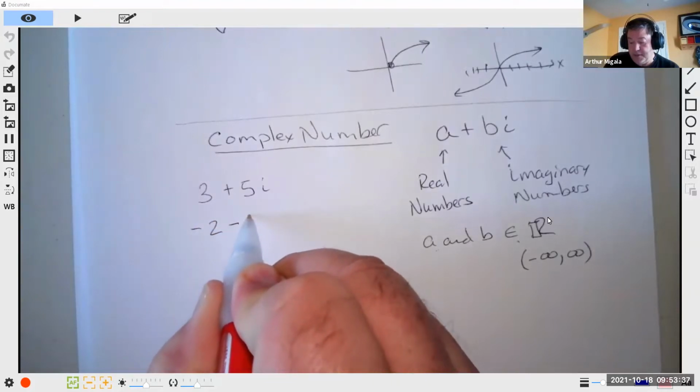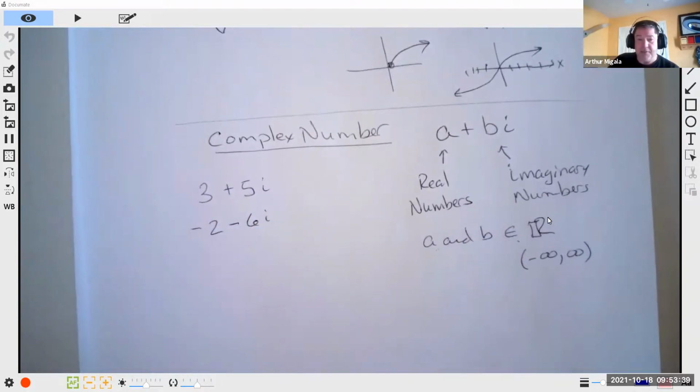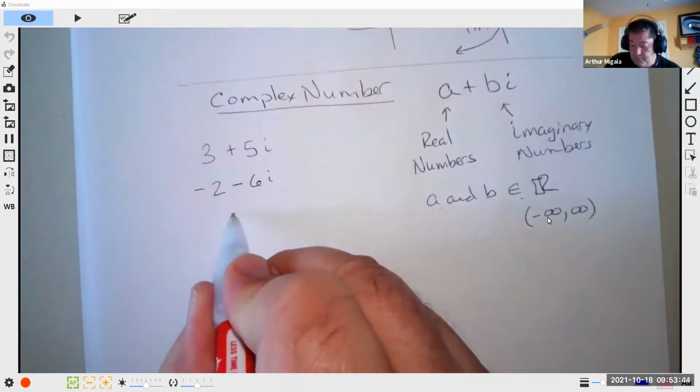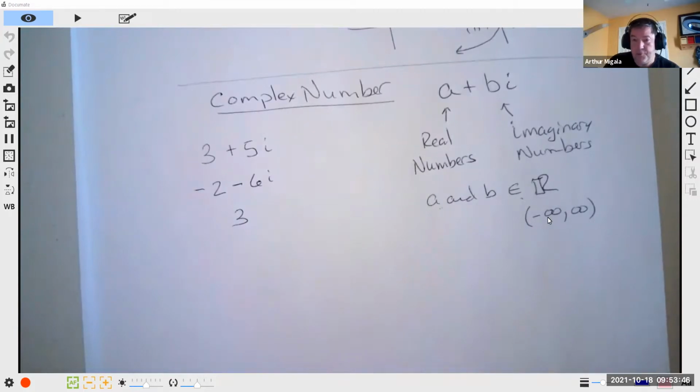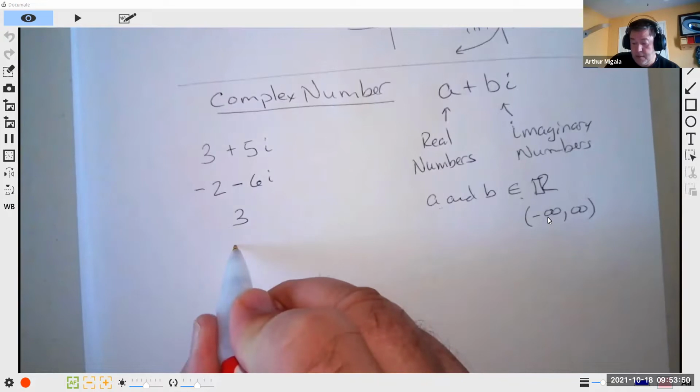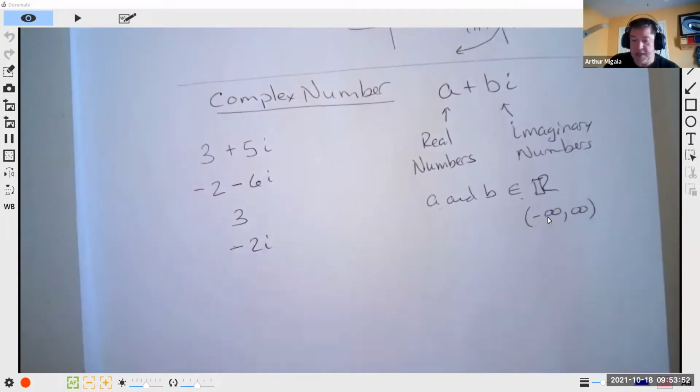Negative 2 minus 6i, that's a complex number. Three is a complex number. Negative 2i is a complex number.